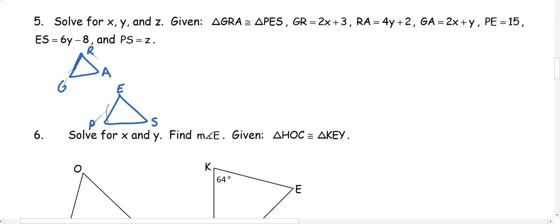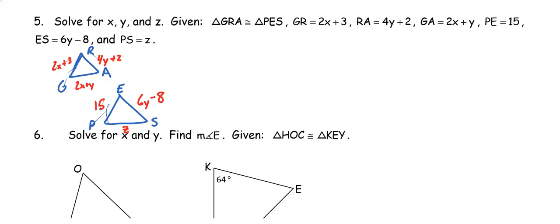So they gave us that GR is 2x plus 3, RA is 4y plus 2, GA is 2x plus y, PE is 15. Oops, sorry, PE is 15. ES is 6y minus 8, and PS is z.